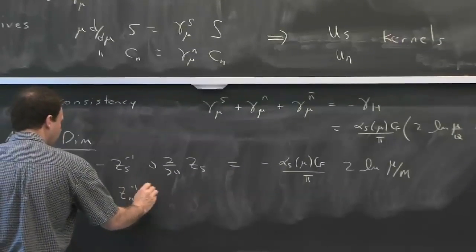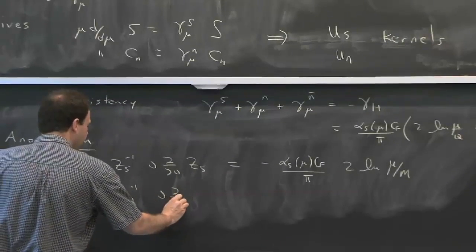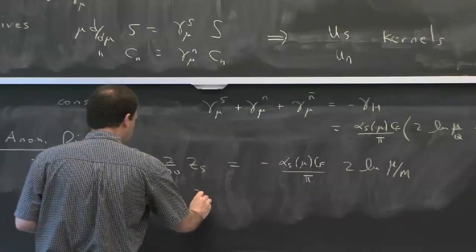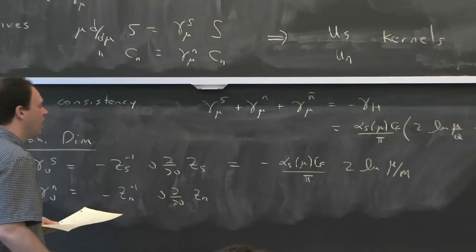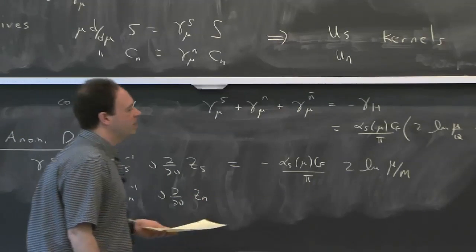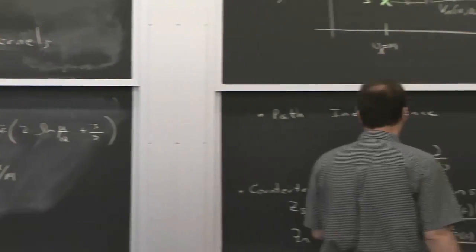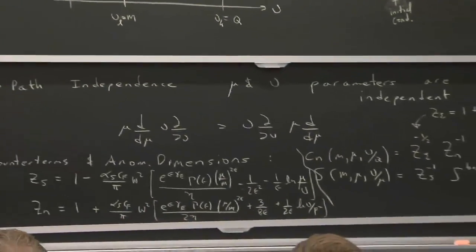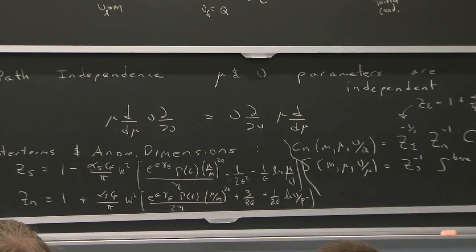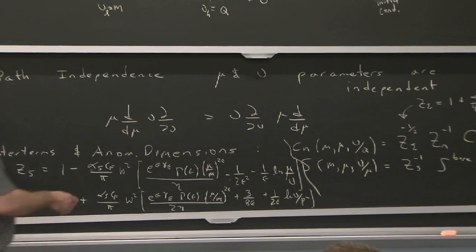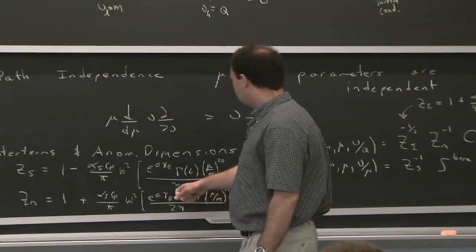It's the same type of formula. We just have nu d by d nu instead of mu d by d mu. There's no nu dependence in the coupling alpha, but there is a nu dependence in this w. When you differentiate the w, you get an eta, and that's basically where the contribution is coming from. So you differentiate the w. That kills this eta.